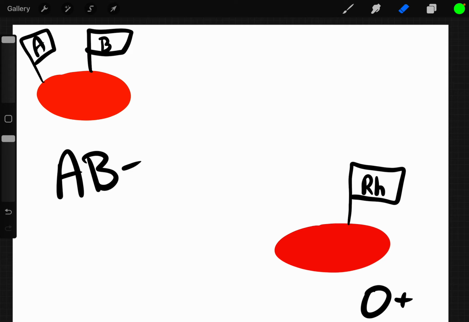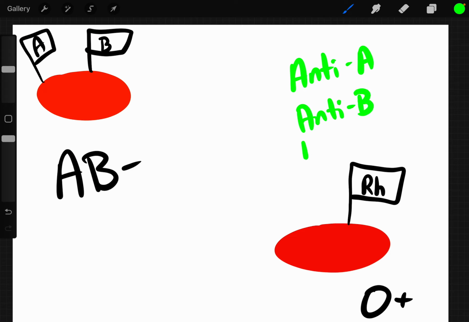In this case, the choices for antibodies are anti-A, anti-B, and anti-RH. You'll notice the only choices for antibodies are A, B, and RH. That's the same thing as the antigens. The only flags we can put on a cell are A, B, and RH. So just remember there is no O flag. The absence of A and B is what makes O.